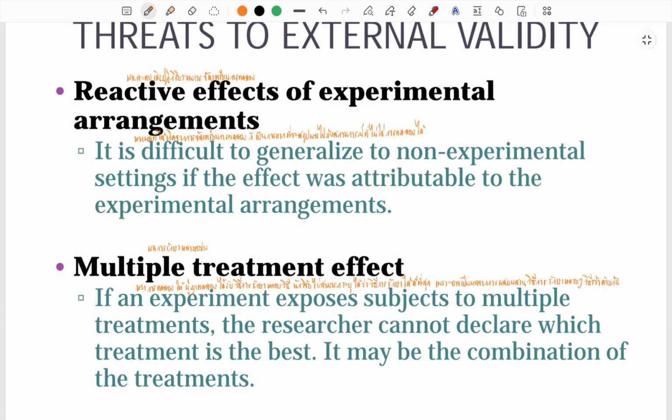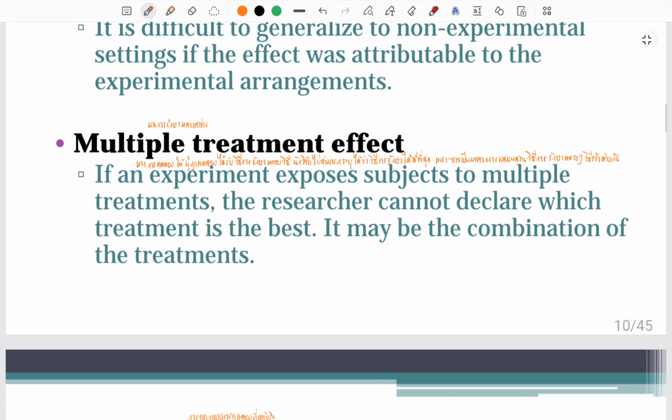So beware of this one, the reactive effect of experimental arrangement. If you put too much control in your study, the result may not be able to apply to real world situations.